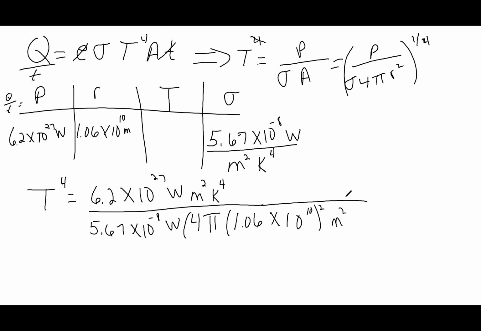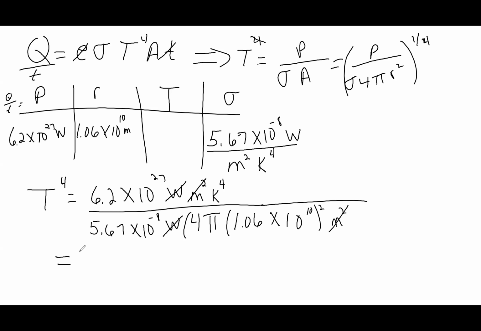So the first thing you want to do, class, is make sure that everything cancels out but the temperature in Kelvin. Sure enough, we have watts to cancel watts, and meter square to cancel meter square. So it's going to come out in Kelvin to the 4th power, and that's what we want.